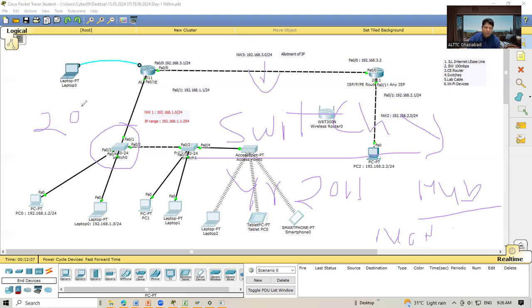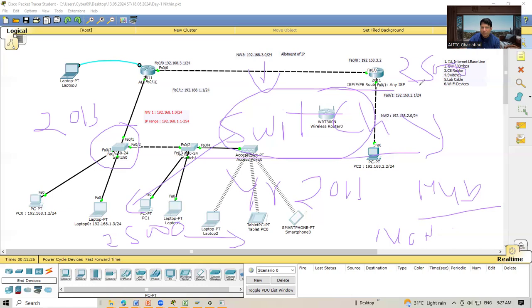Up to 2013, the price of a hub was a maximum of 2500. But a switch's starting price was a minimum of 25,000, and up to 1 lakh rupees.